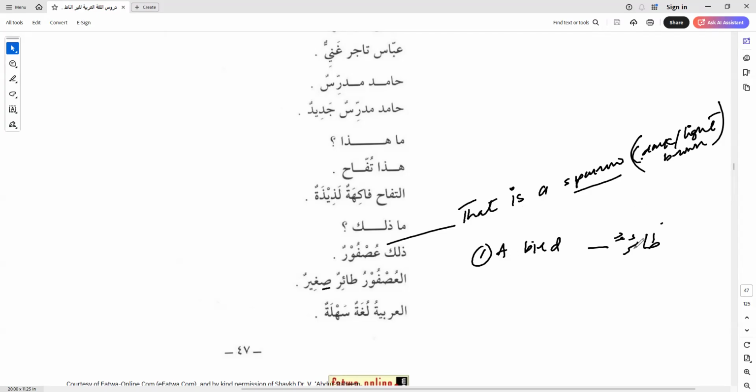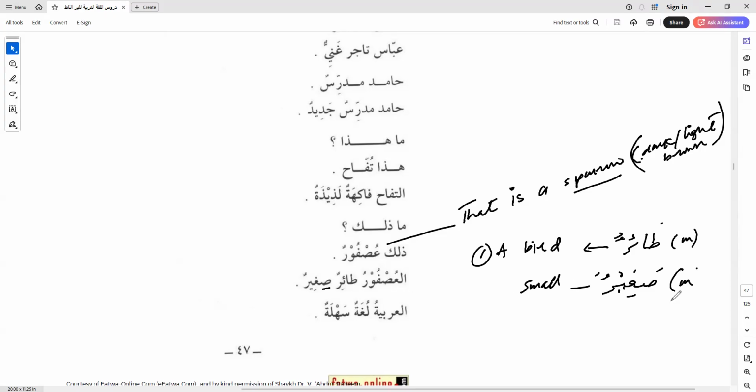The bird, ta'ir. In Arabic, ta'ir is a bird. صغير, when we say something is صغير, small or little. It's a small bird. Now you can see that طائر is masculine. So therefore, صغير as an adjective is what?